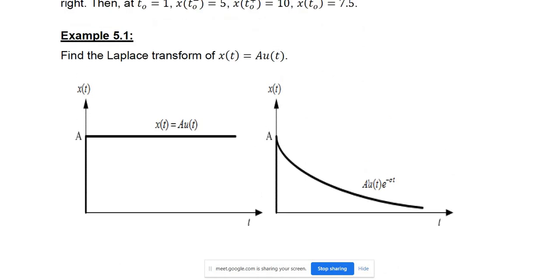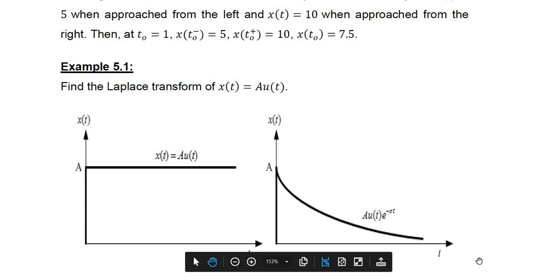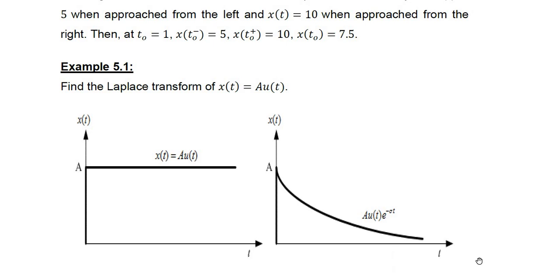Okay, never mind, I will explain using my own explanation. So just look at this example. Find the Laplace transform of x(t) equal to A u(t). So I stop sharing and I share via my iPad.